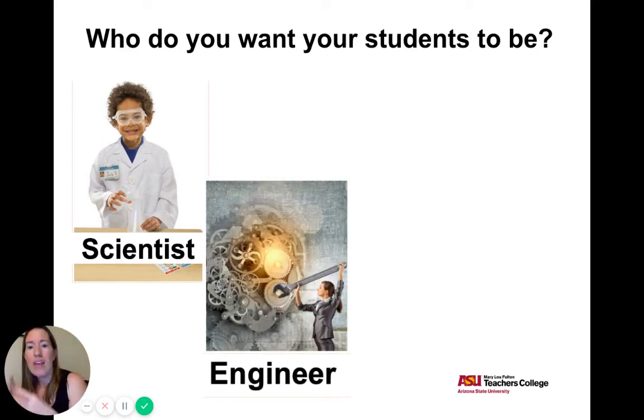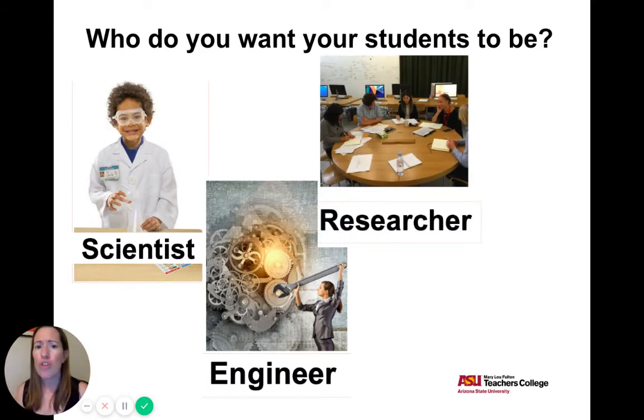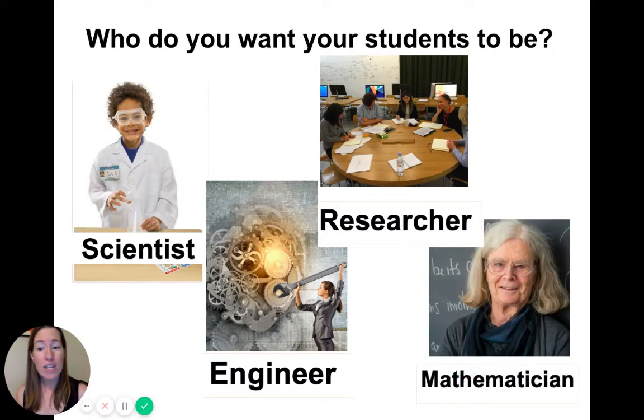Are they going to design a solution to something, maybe a more efficient car or a structure that can withstand a tornado? Are they researchers? Are they going out, just like we do in the education field, and gathering lots of information and presenting a researcher solution to a problem? Or are they mathematicians? Are they utilizing their mathematical skills in order to solve a math-related problem?